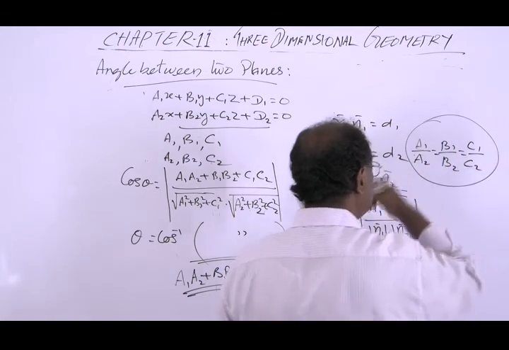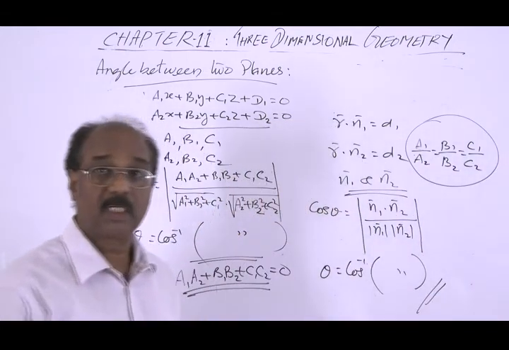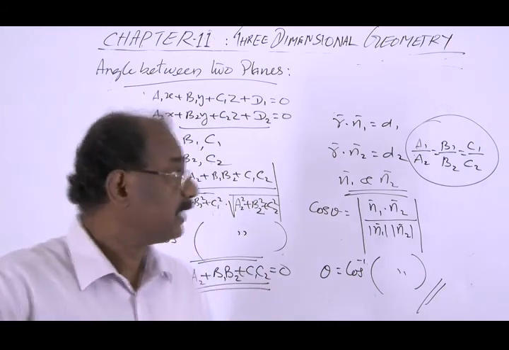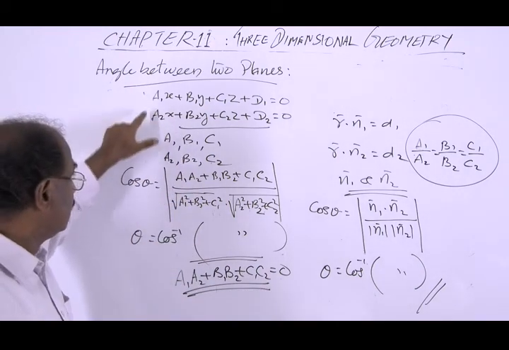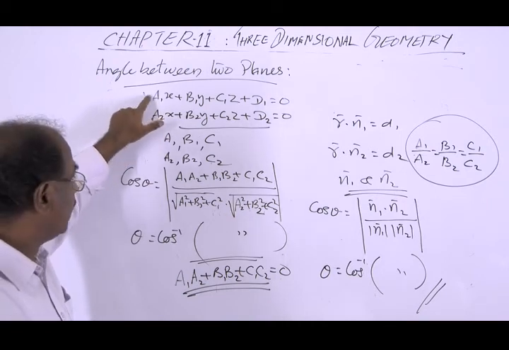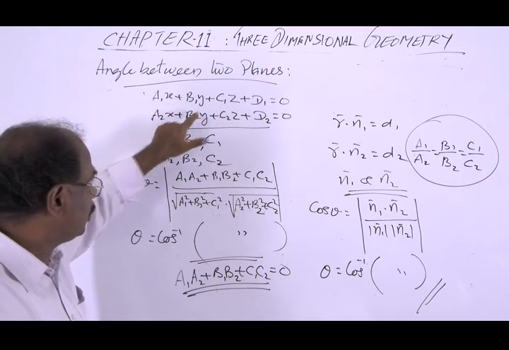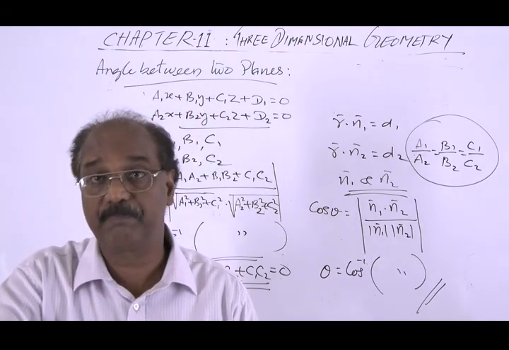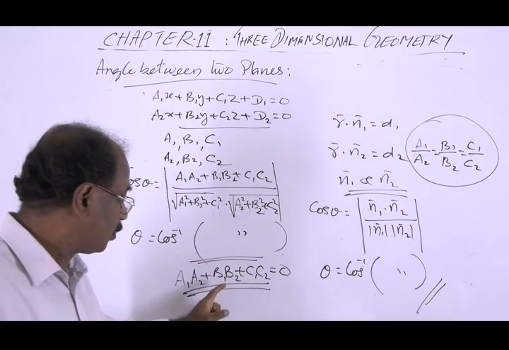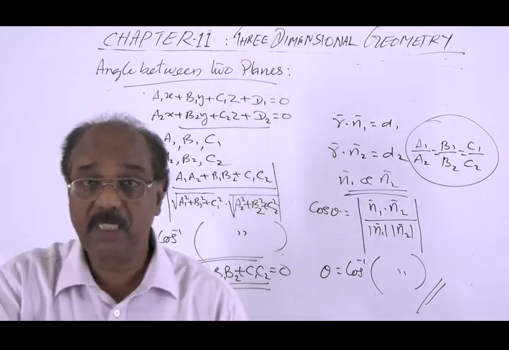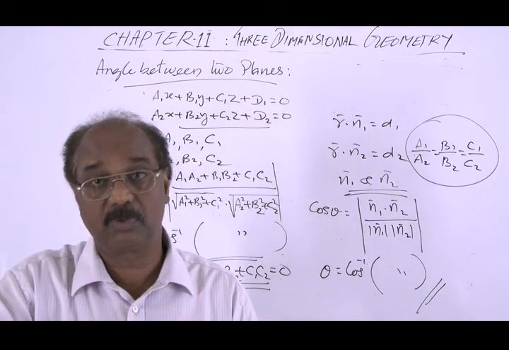This is the condition for parallelism: the corresponding coefficients have equal ratios, a1 by a2 equal to b1 by b2 equal to c1 by c2, for parallelism of the two planes. So remember these two, the condition for perpendicularity and the condition for parallelism, very useful in problems.